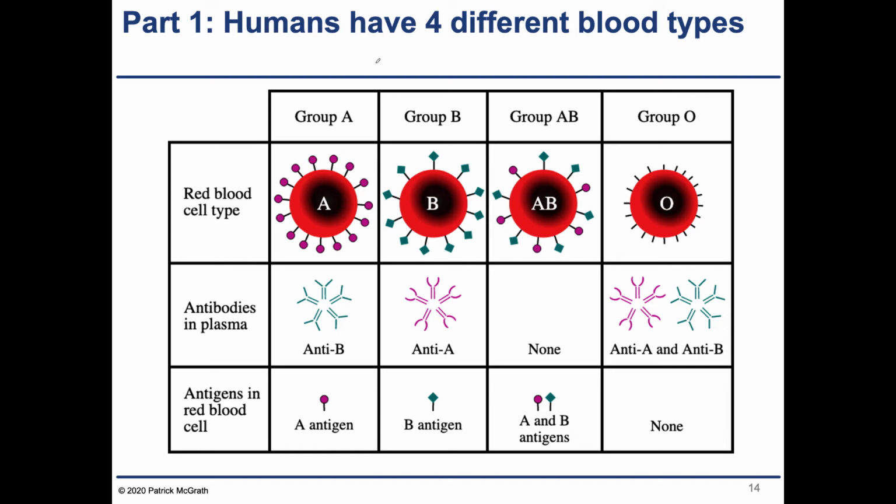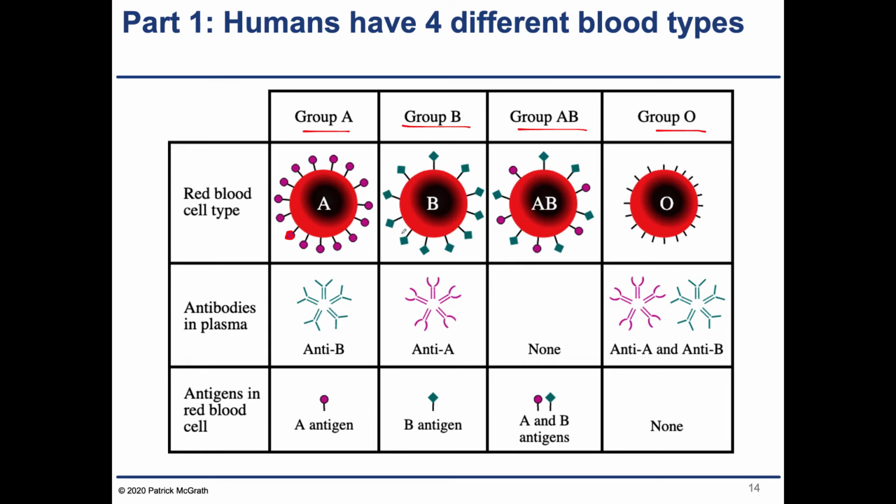So the phenotype, we have 4 different blood types. So you can either be A, B, AB, or O. If you are A, then your blood has the A antigen presented on it.